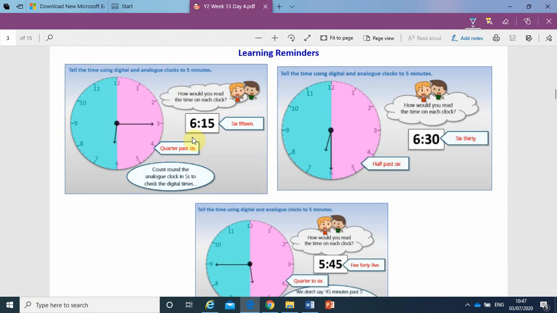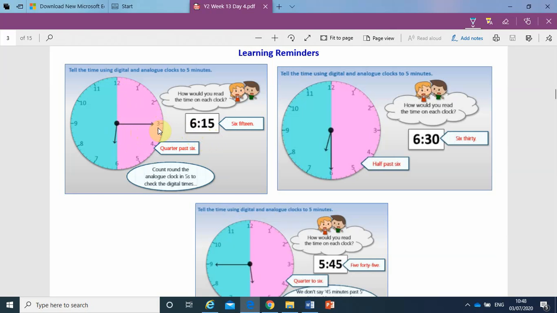So here we've got an example of both of them. We know it's quarter past because the minute hand is at the 3. But quarter past what? Well, the hour hand has gone past the 6, so it's quarter past 6. If we were to write that digitally, I always like to look at the hour hand first and say, well, it's gone past the 6, so that's the hours there, 6, and how many minutes.